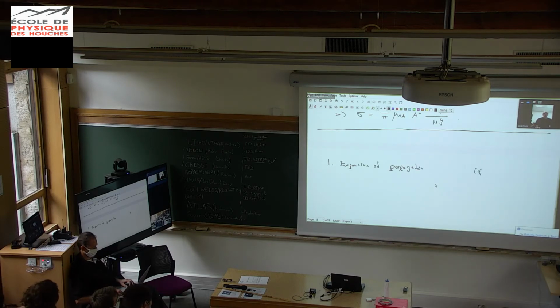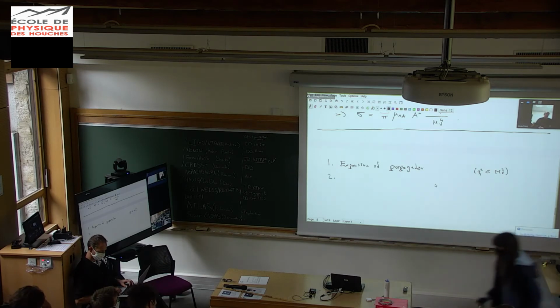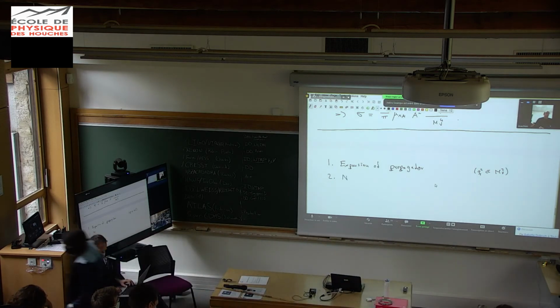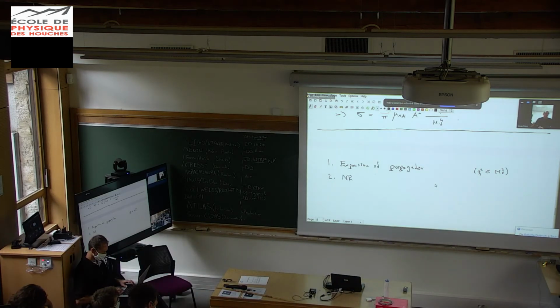And we could do this because Q squared was much smaller than the mass of the mediator. The next approximation which we did is we took the non-relativistic limit of the dark matter current, or dark matter interaction. And we could do this because the momentum transfer was also much smaller than the dark matter mass.